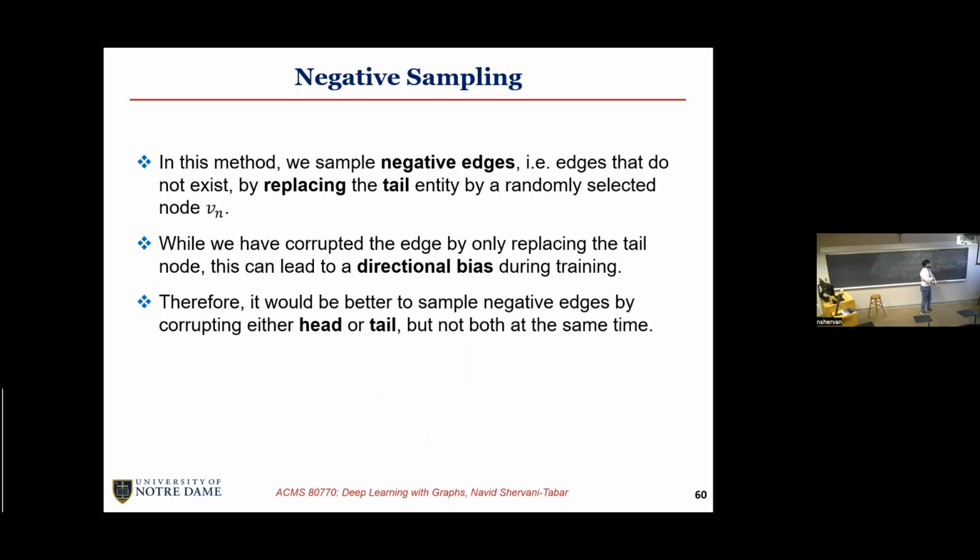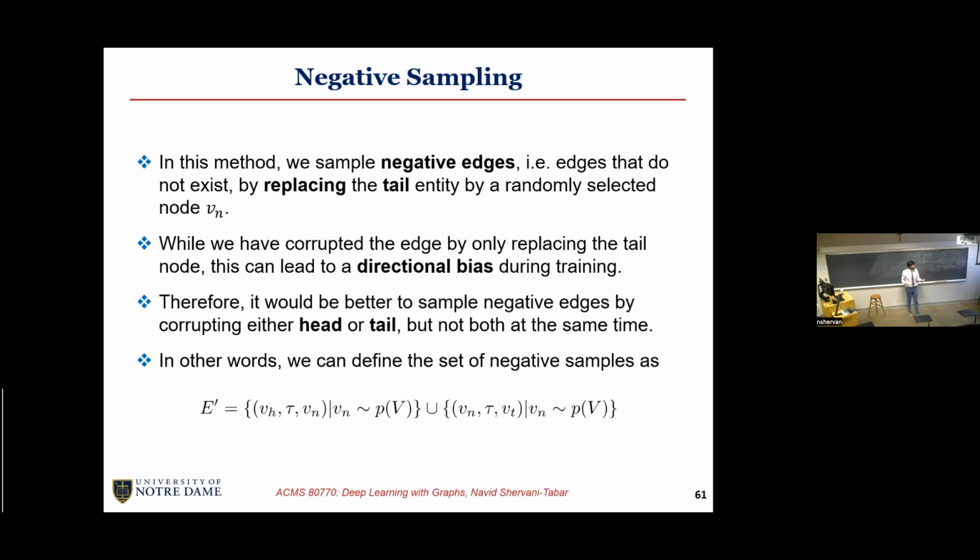Now, there is one issue: we said that we are corrupting the edge by replacing the tail entity with some randomly selected node on the graph. That will generate some directional bias because every time we're just changing the place of the tail. So what is better to do is to also change the place of the head, but not at the same time. When you corrupt an edge, you either change the place of the head or the place of the tail, and not both at the same time.